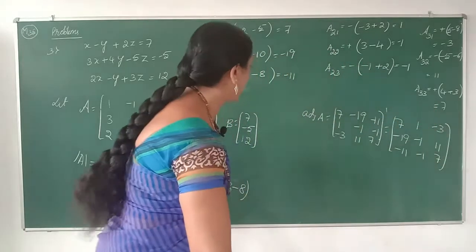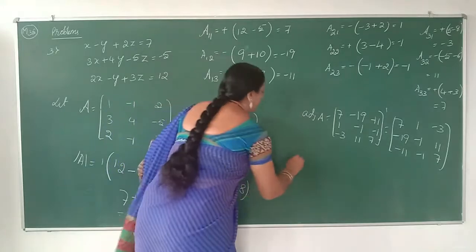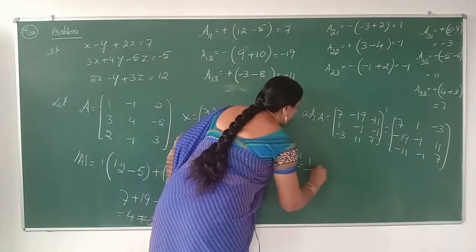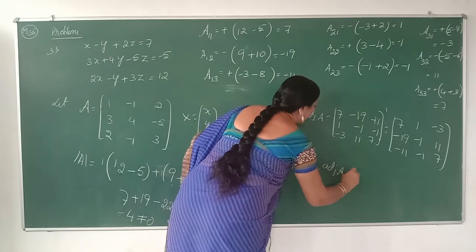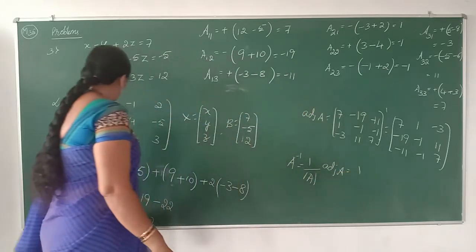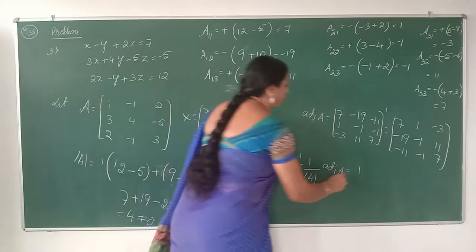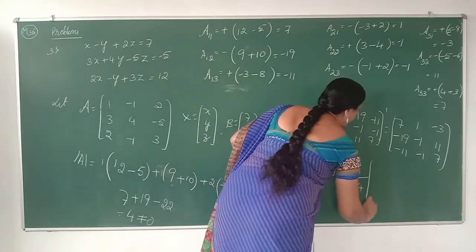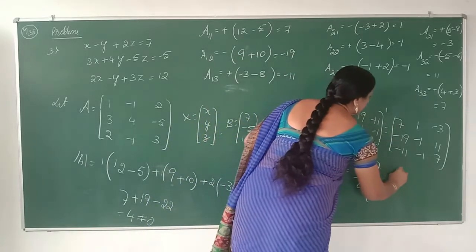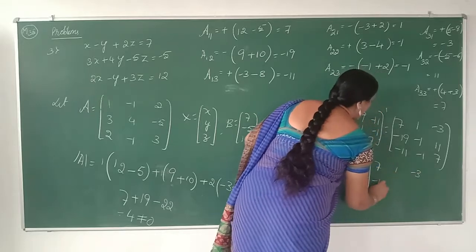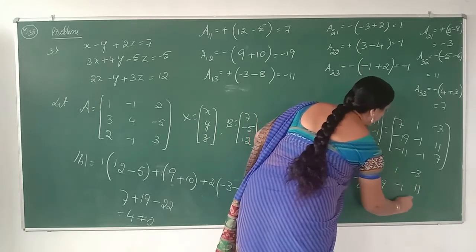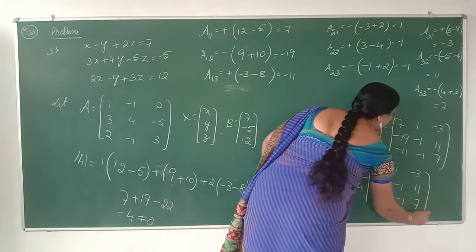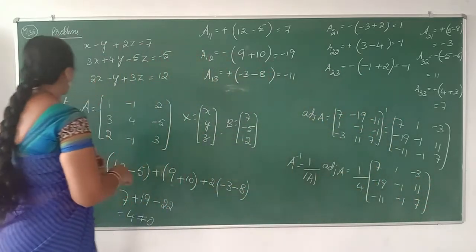This is called the adjoint. Then A inverse is 1 over determinant of A into adjoint of A. Determinant of A is 4. So 1 divided by 4 into the adjoint: 7, 1, minus 3; minus 19, minus 1, 11; minus 11, minus 1, 7. These are the elements of A inverse.